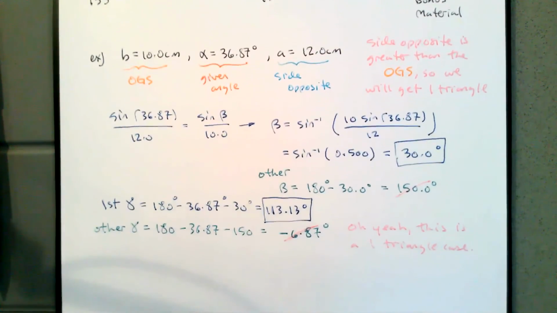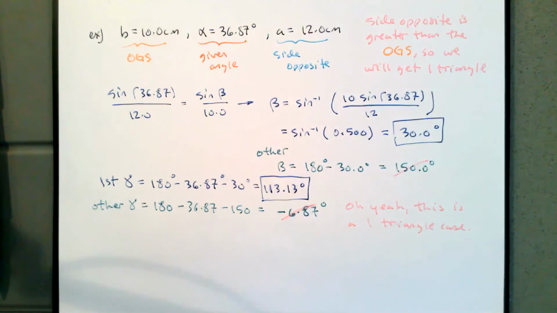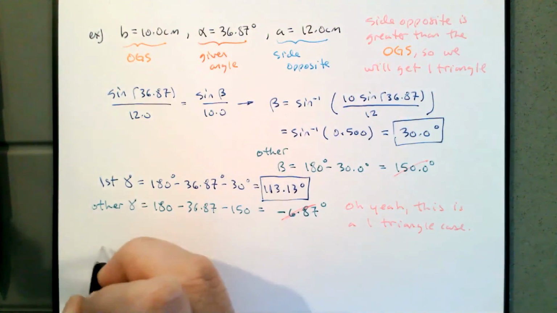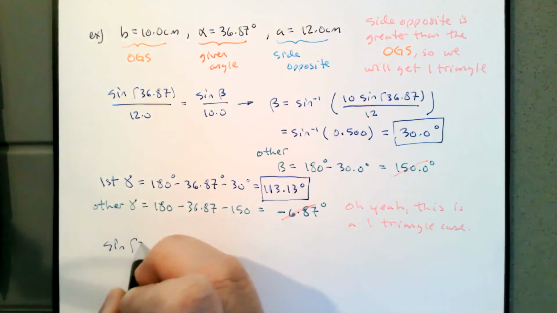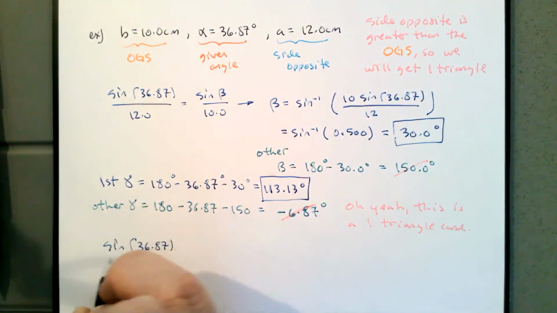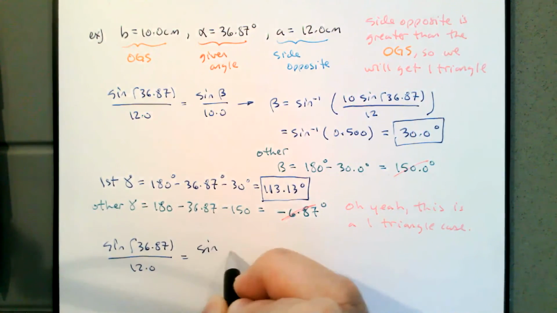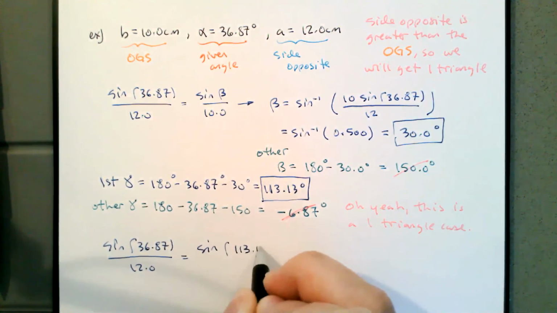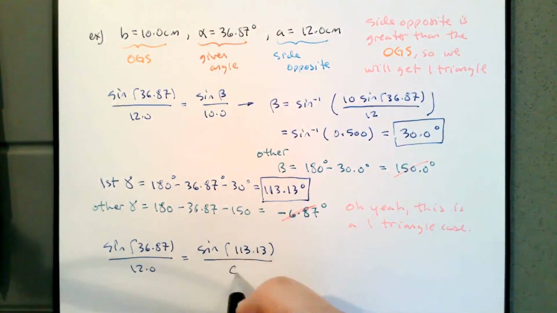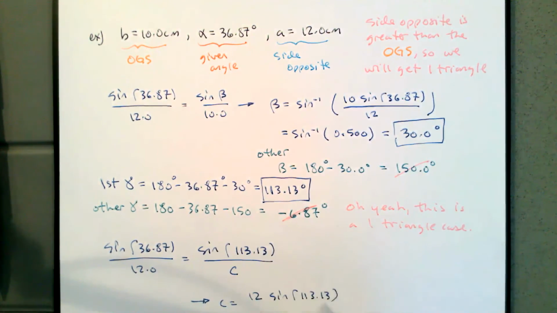We do still need to find C, and I'm still going to use the given information to find C. So I'm going to take the sine of 36.87 divided by the 12. And this should be equal to the sine of gamma, which is 113.13, divided by the side C. And so this tells us that C will be 12 times the sine of 113.13 divided by the sine of 36.87.